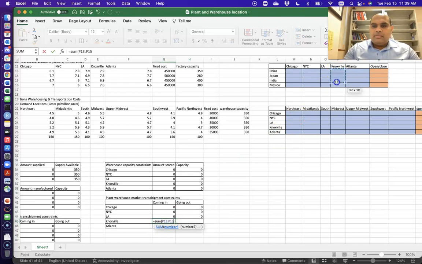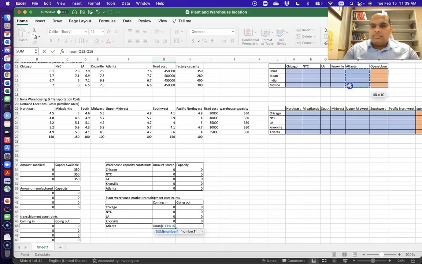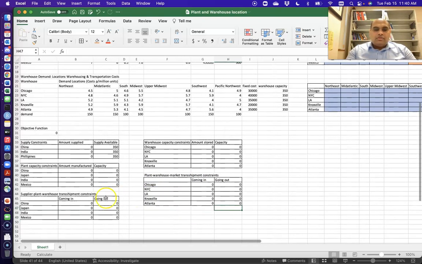Total supply coming in and the total supply going out. Total supply coming in to Atlanta and the total supply going out of Atlanta. Okay. There you go. So these are my transshipment constraints for plant to warehouse to market. So transshipment through the warehouse. This is different from the supplier plant warehouse transshipment constraint, where transshipment is happening through to the plant location.